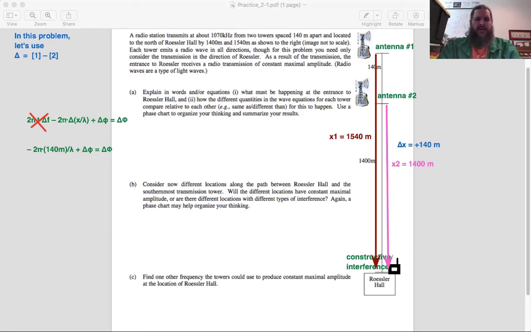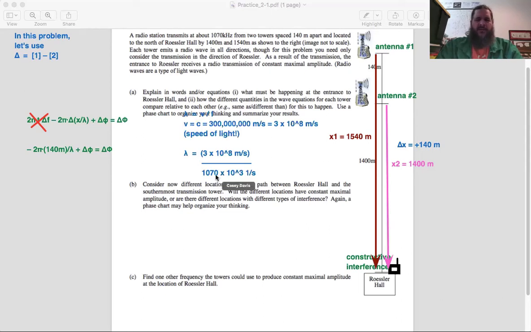So wavelength is 3 times 10 to the 8th divided by, and then we know the frequency is 1070 kilohertz, means times 10 to the 3rd hertz. Hertz just being 1 over seconds.